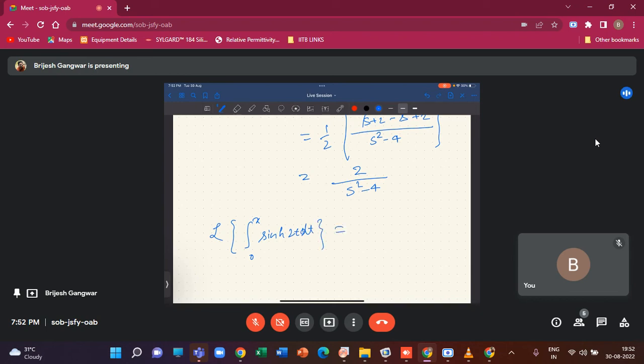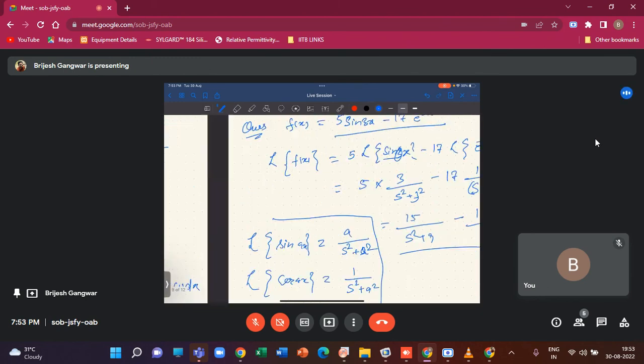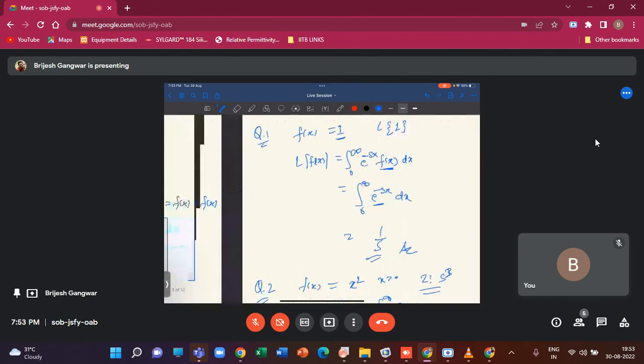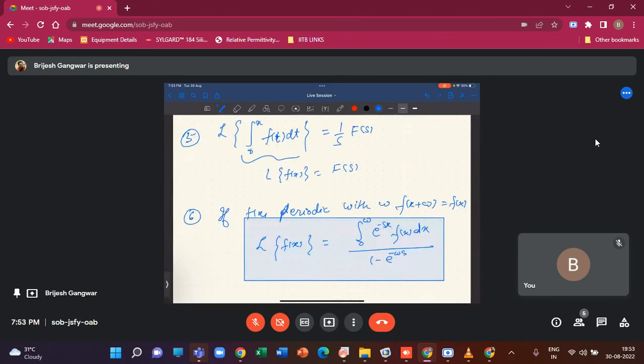So this will be 1 upon s times 2 upon s square minus 4. In this one, this is the property I am using.